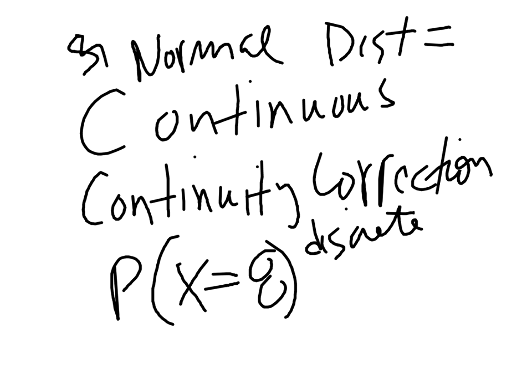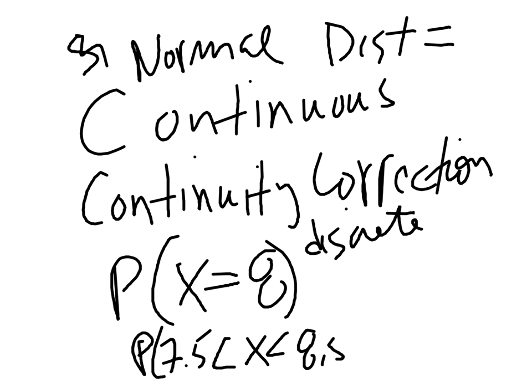And so what we would basically do, and all of this is summarized on the bottom of page 355, is we would back off 0.5 and add 0.5 to 8. In other words, we would get a continuity correction of x greater than 7.5 and less than 8.5.